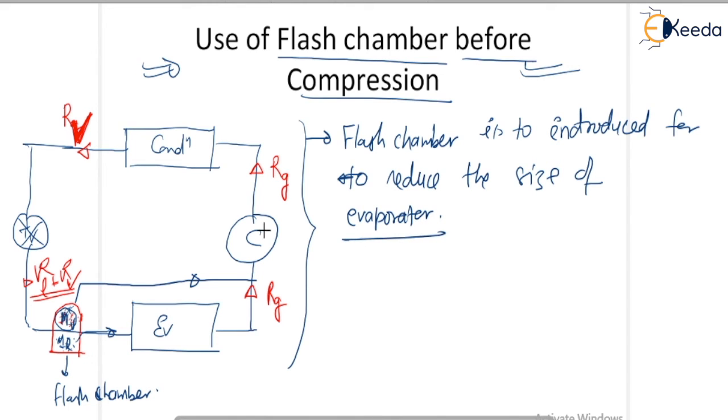Okay my dear friends, the use of flash chamber is to reduce the size of the evaporator. It does not have any effect over the COP of the cycle.